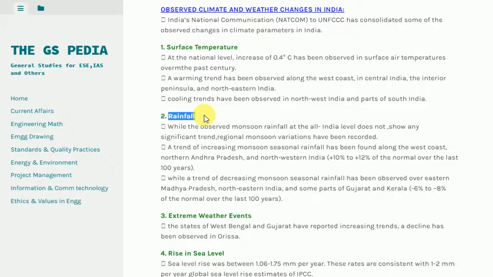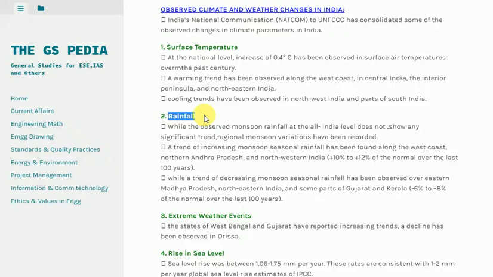While a trend of decreasing monsoon seasonal rainfall has been observed over eastern Madhya Pradesh, northeastern India, and some parts of Gujarat and Kerala, -6% to -8% of the normal over the last 100 years.